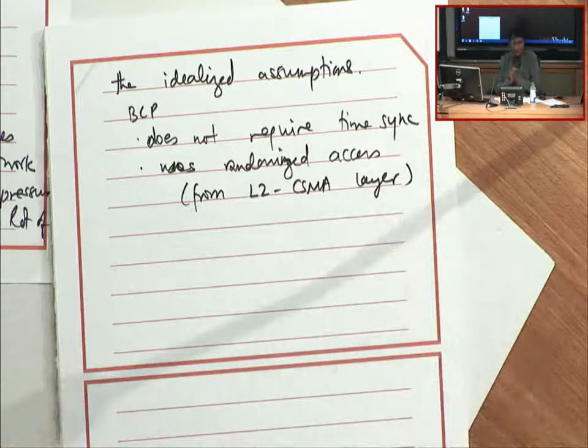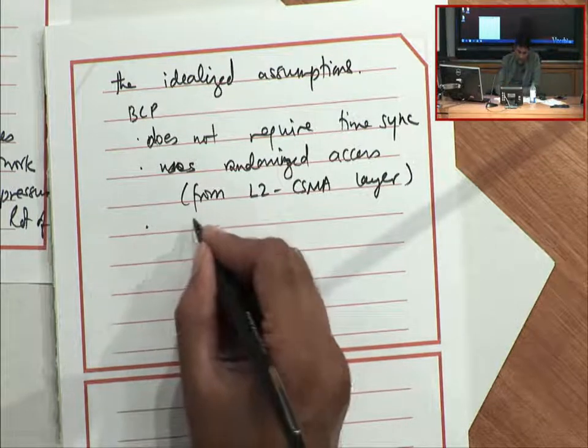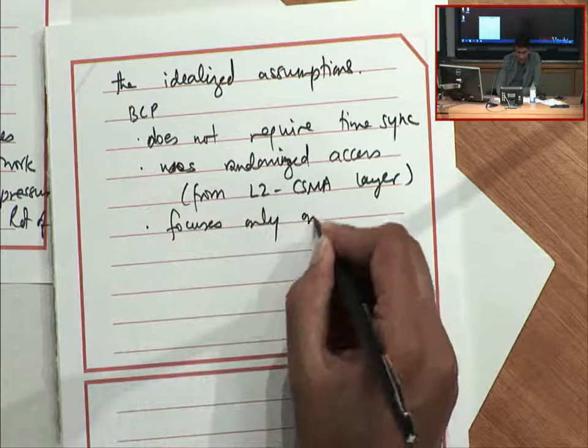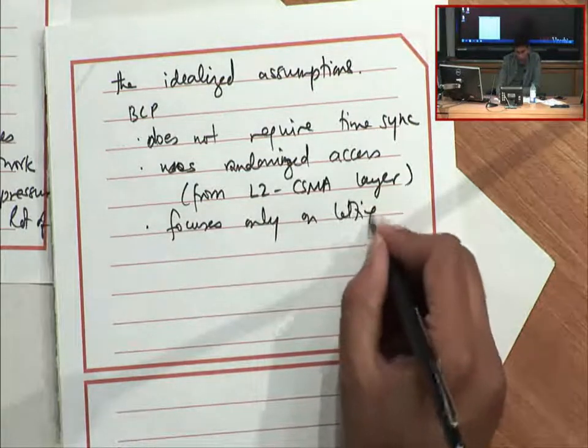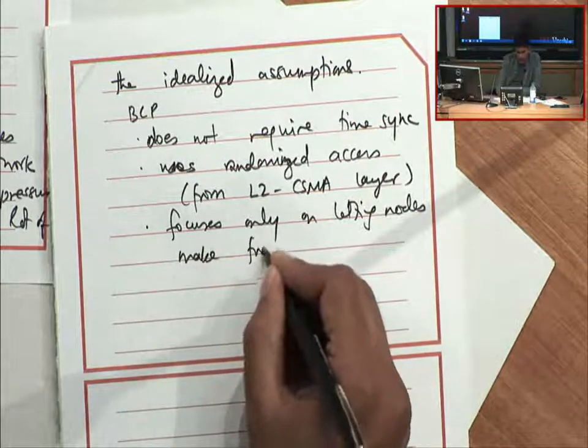In other words, it simply doesn't try to figure out how to schedule these links to be without interference with each other. It lets the link layer, which is implementing a wireless CSMA protocol, take care of that issue entirely. And therefore, it focuses only on letting nodes make forwarding decisions.